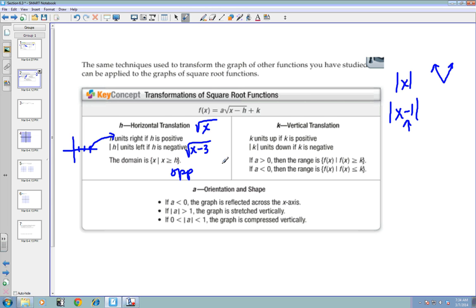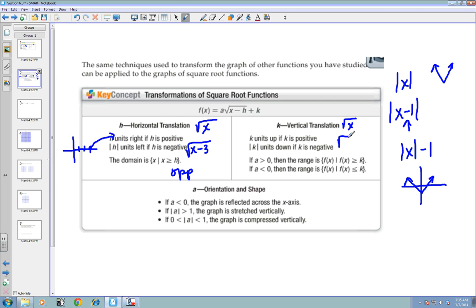Now vertical translations, going back over here to my absolute value, remember if I had absolute value of x minus 1 and that minus 1 was on the outside, that means that my parent graph was shifted down 1 unit. Well, same thing for square root functions. Here's my parent graph.